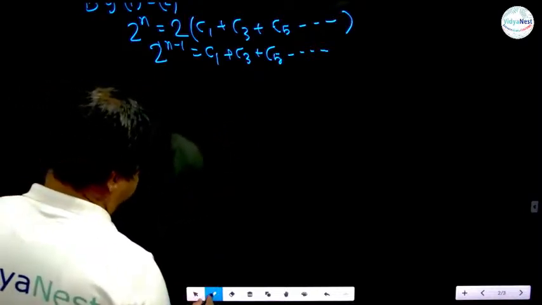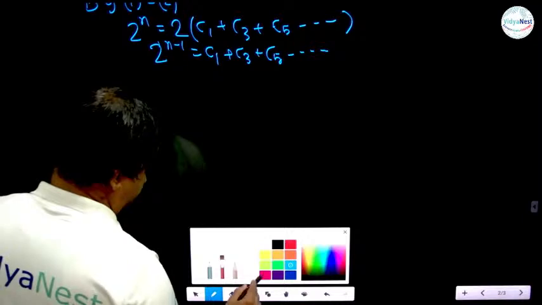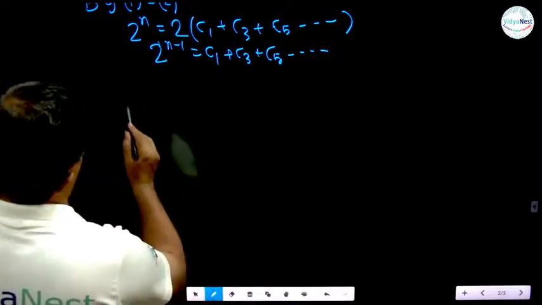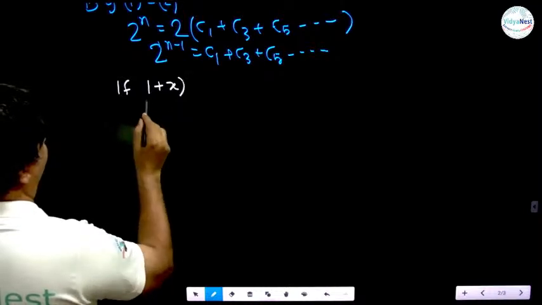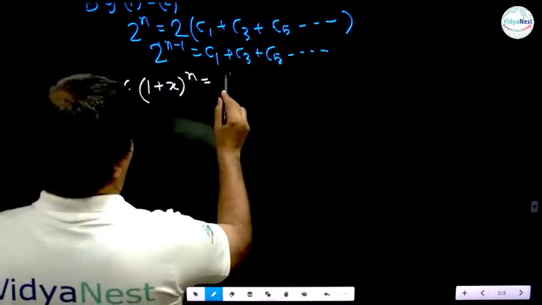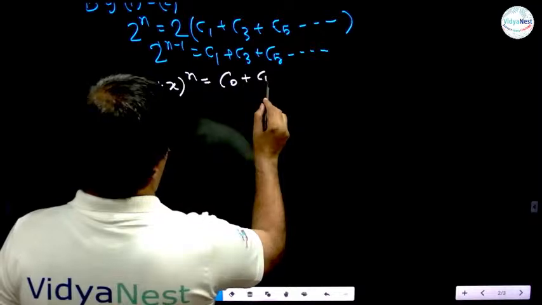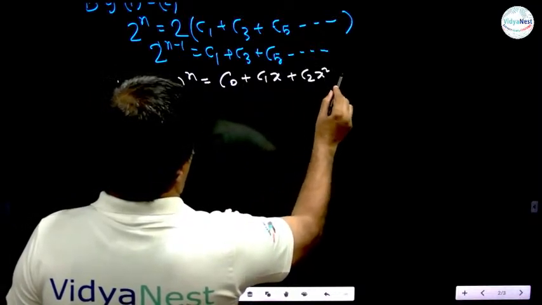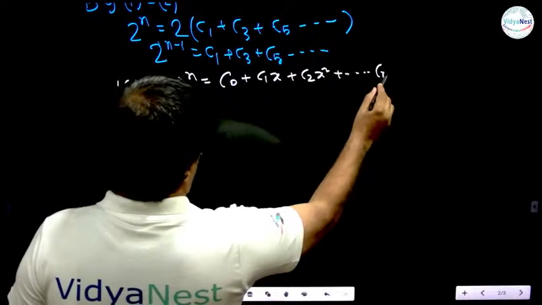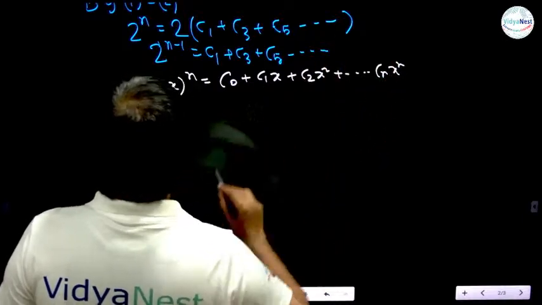Suppose one expansion is given: (1 plus x) whole to the power n, C0, C1x, C2x square up to Cn x to the power n.